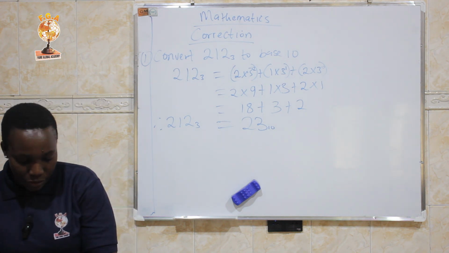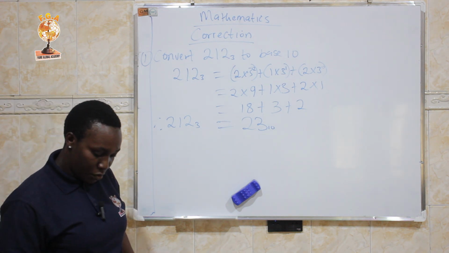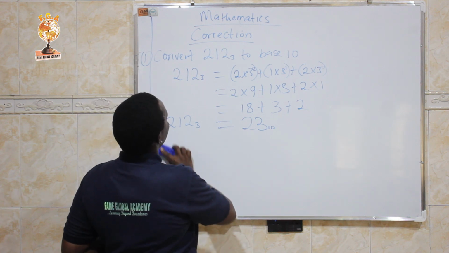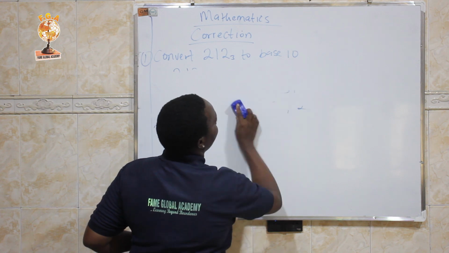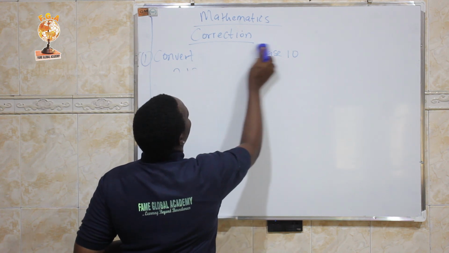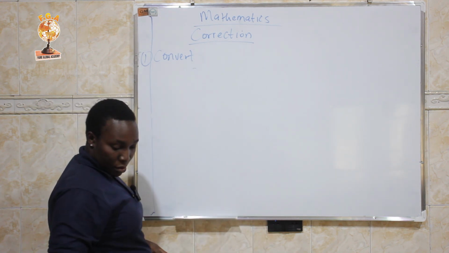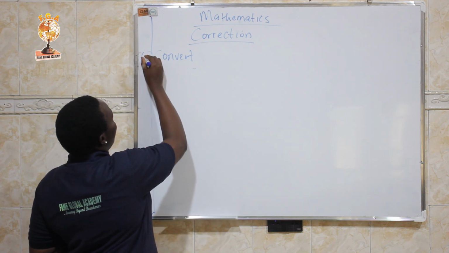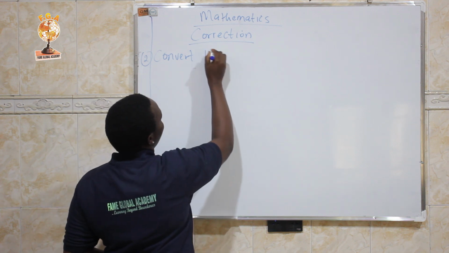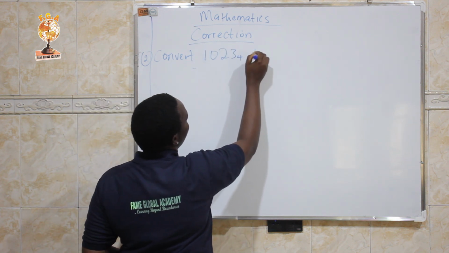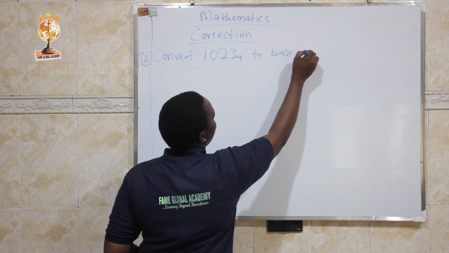Let's go to the second question, which says convert 1023 base 4 to base 10.